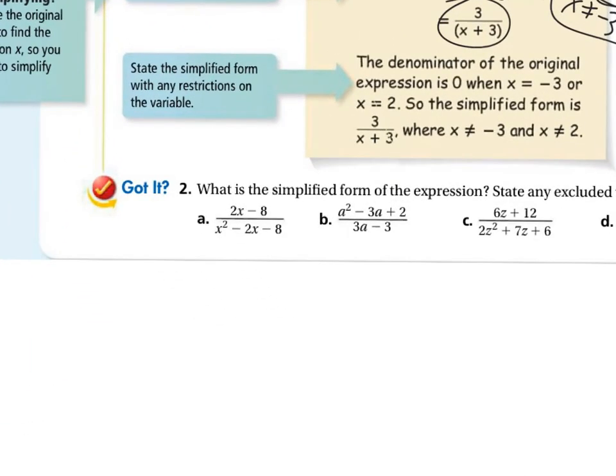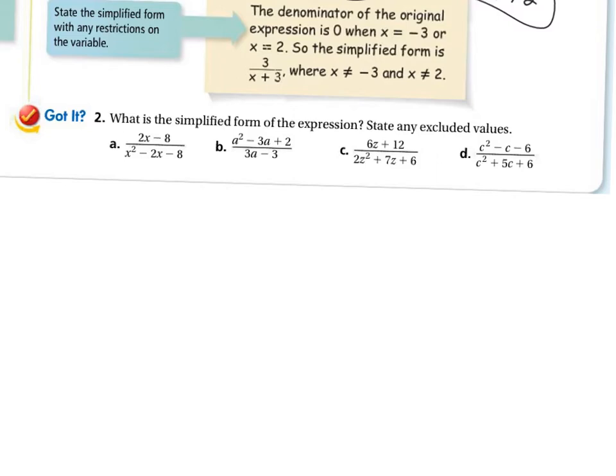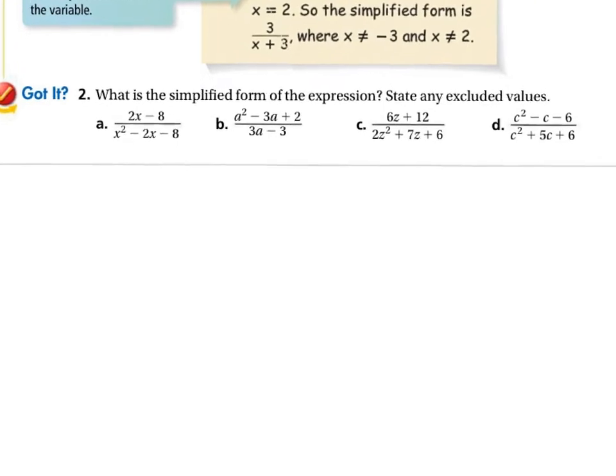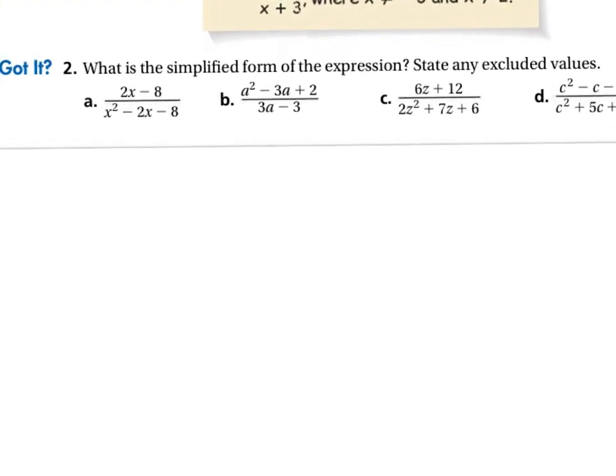So if we look at the Got It 2, they were wanting us to look for simplified forms and stating excluded values. I know I talked to you about looking for excluded values right away, but sometimes on these it might make it easier for you to factor and find your excluded values first.